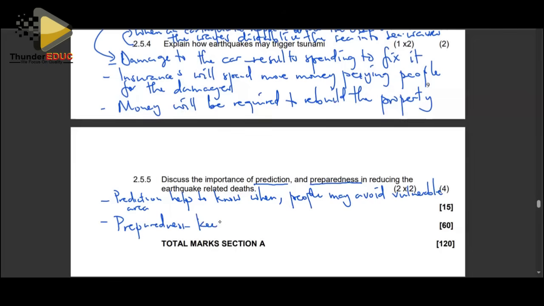People will keep stocks of resources, e.g., food, water, medical.